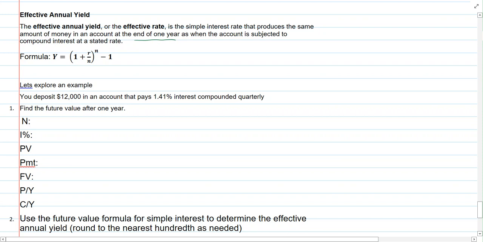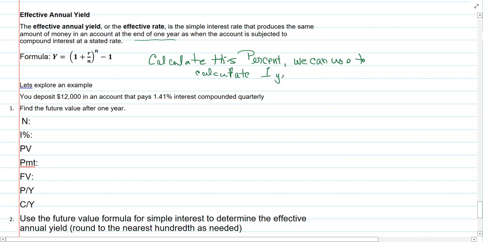What they're saying is, if we calculate this, use it to calculate 1 year, or the future value.